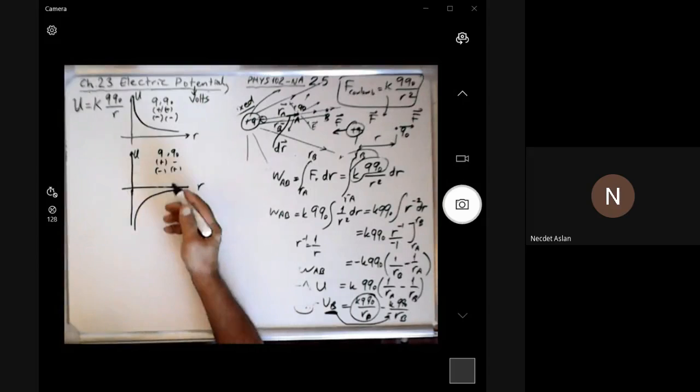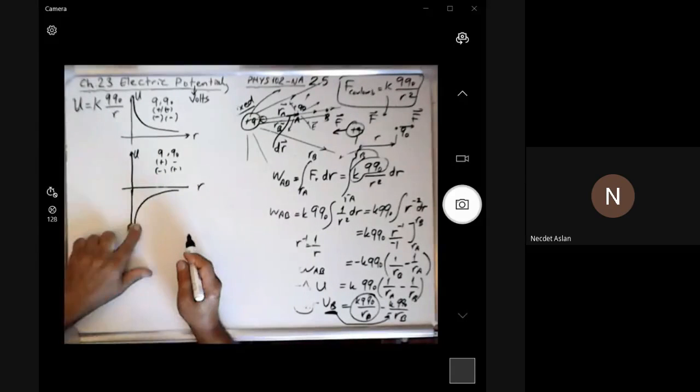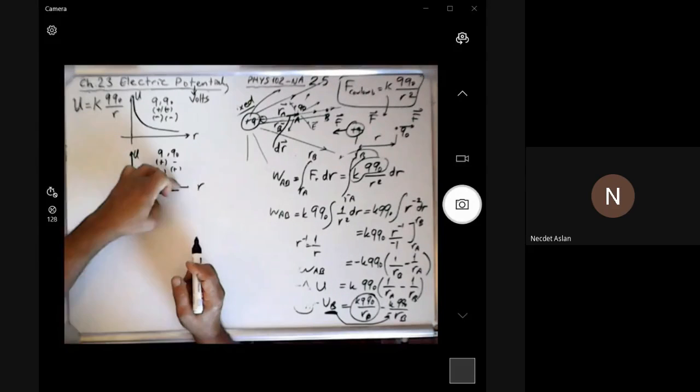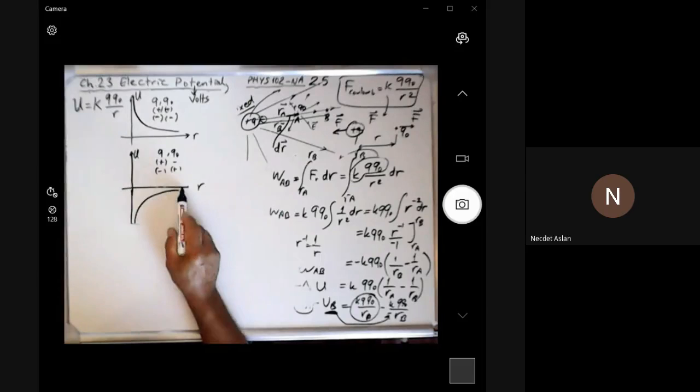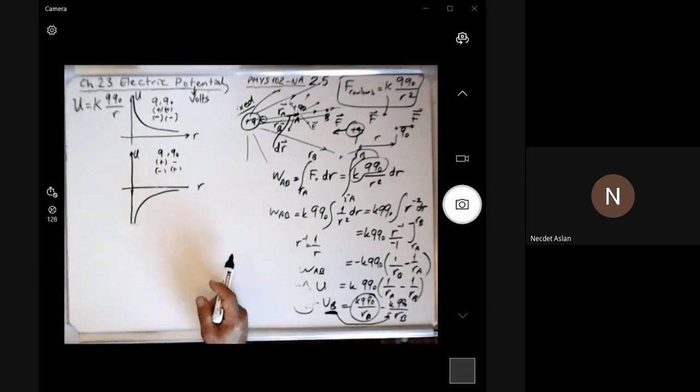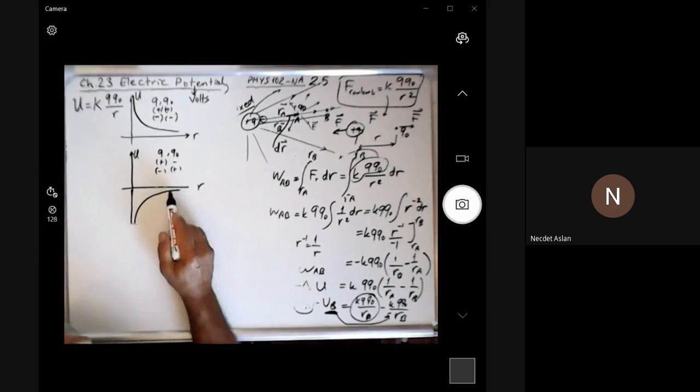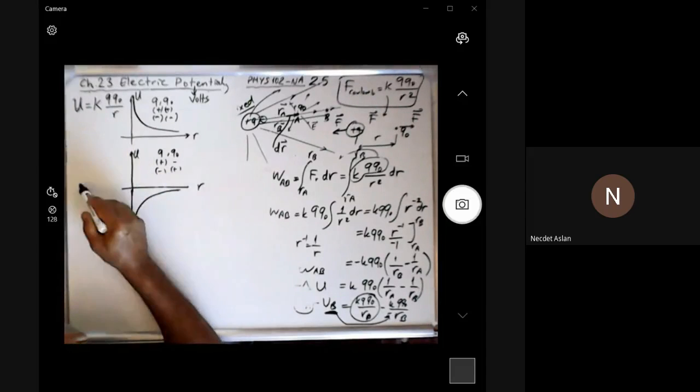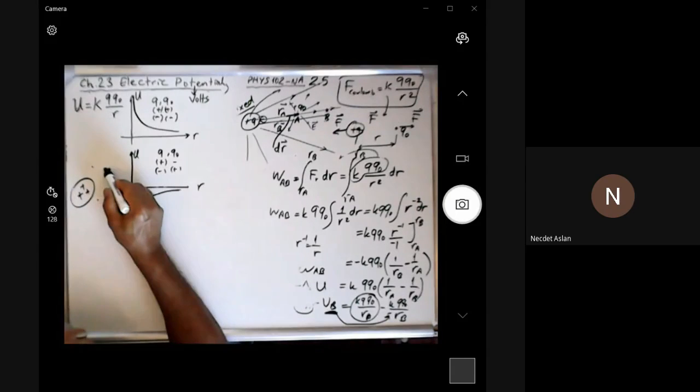As you see, we have a very high negative potential, but almost zero potential when the objects are too far away from each other. This is the case in atoms, because we have a positive nucleus and around it some electrons, but electrons are negative, right?